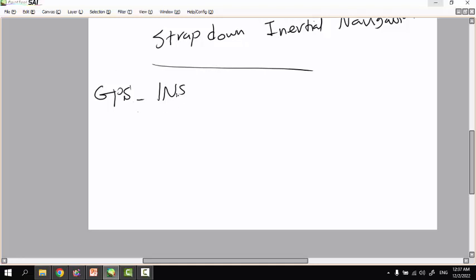GPS is the global positioning system, and we have the inertial navigation system. For GPS we have a low data rate, but here we have a high data rate. We have a direct position measure and a direct velocity measure in the GPS, but no attitude information. All quantities are measured in the navigation frame with respect to GPS.